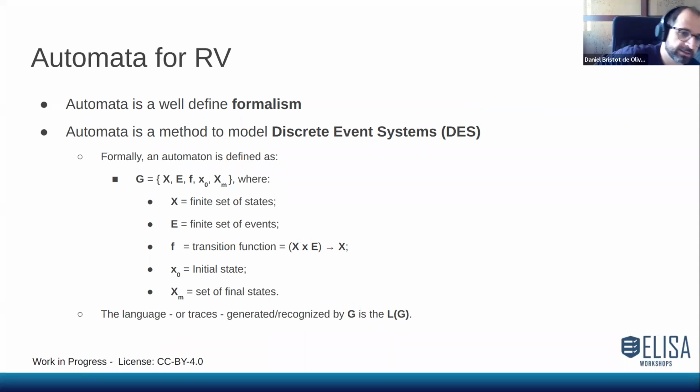There are multiple ways to do runtime verification. There are multiple formalisms, but in this case, we are talking about one formalism, which is automata. It's a well-defined formalism, probably the most well-defined one, and it has its formal specification, right?